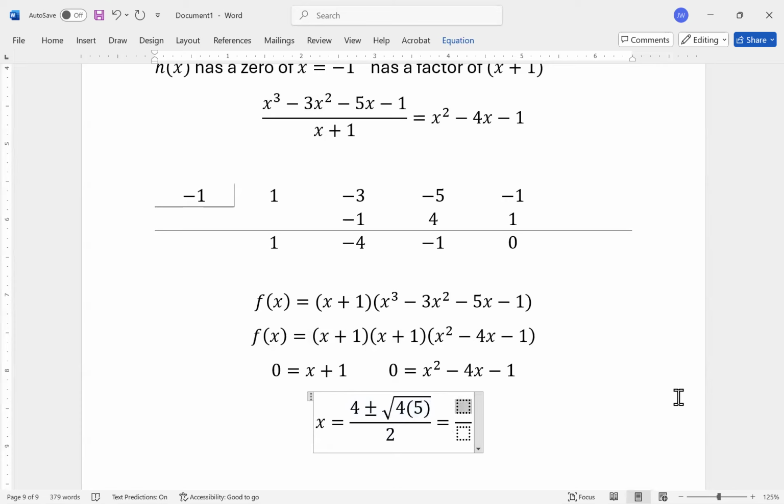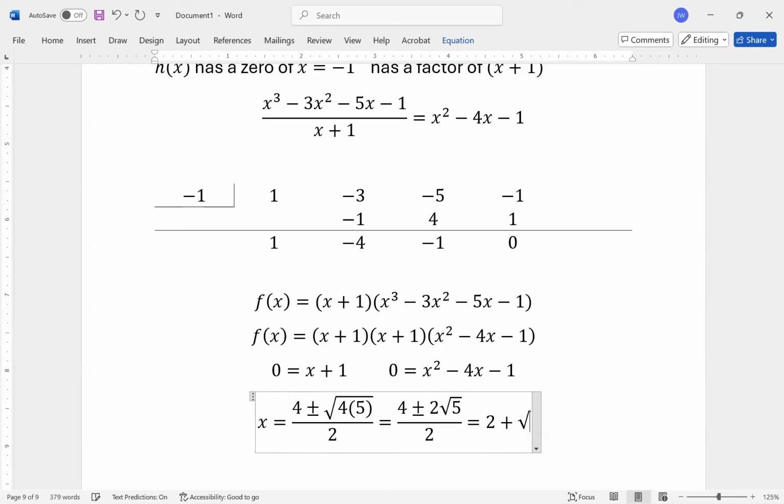The square root of 4 is 2, so I'm getting 4 plus or minus 2 times the square root of 5 all over 2. When I divide both pieces, I get two irrational numbers, one which is 2 plus the square root of 5, and the other which is 2 minus the square root of 5.